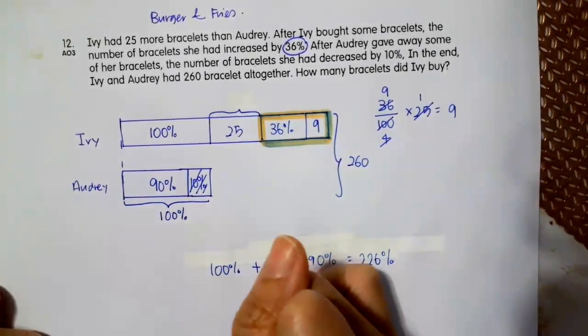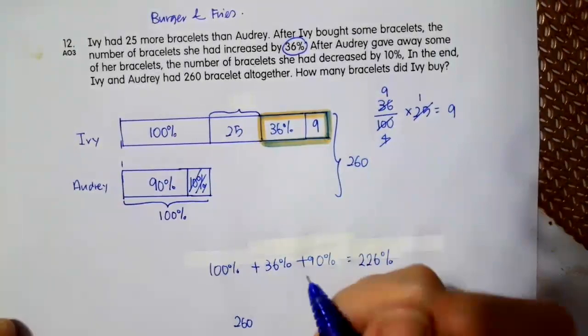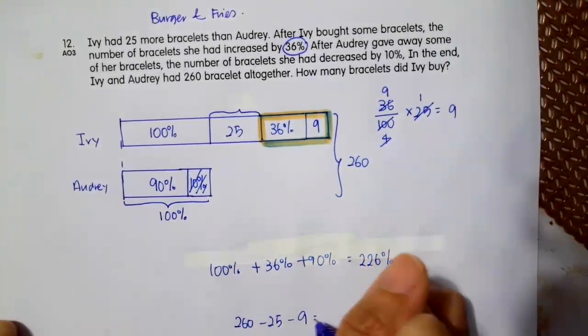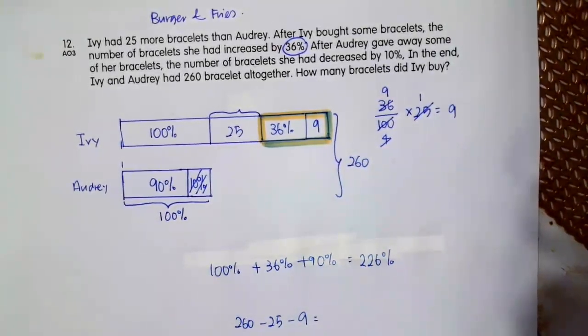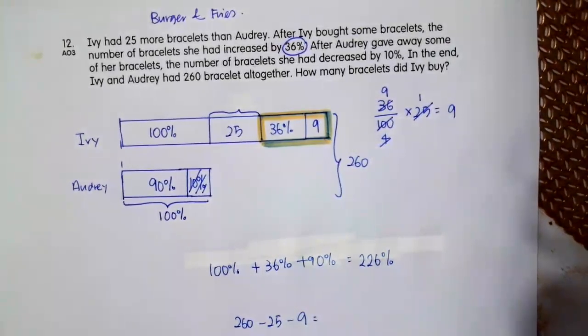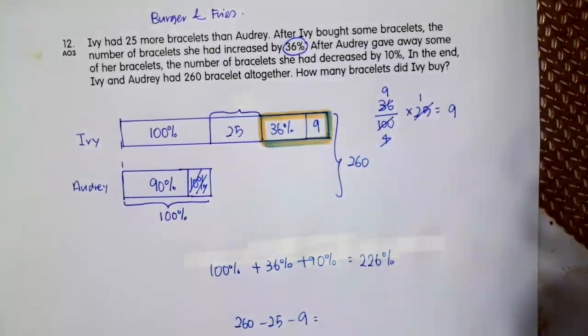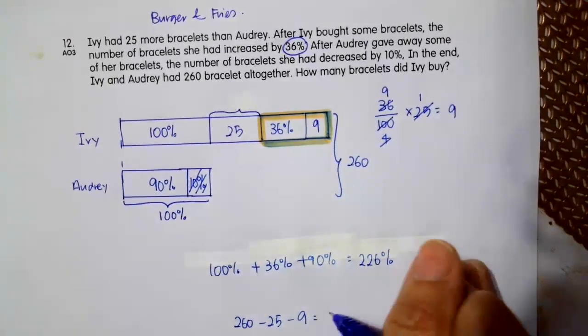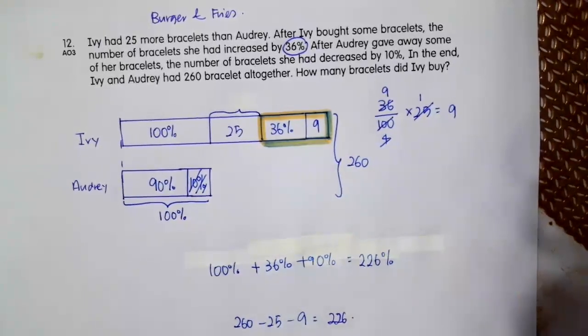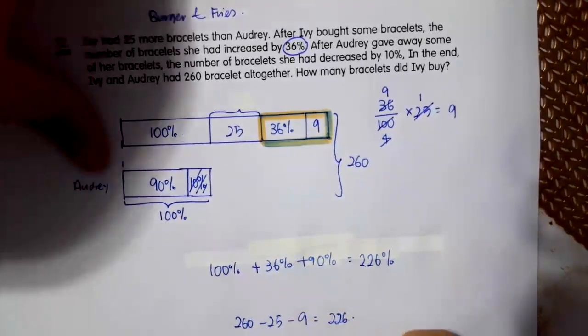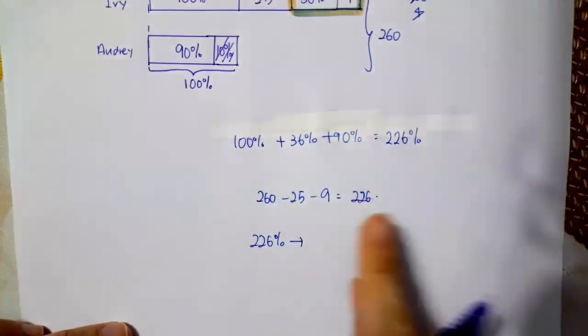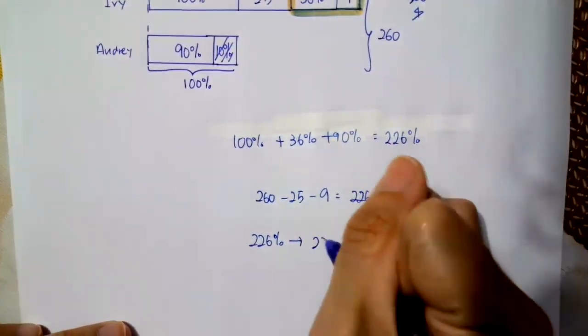So I'm going to take 260 minus the 25 and 9. That will give me 226. Okay, so I know 226% is representing 226 bracelets.